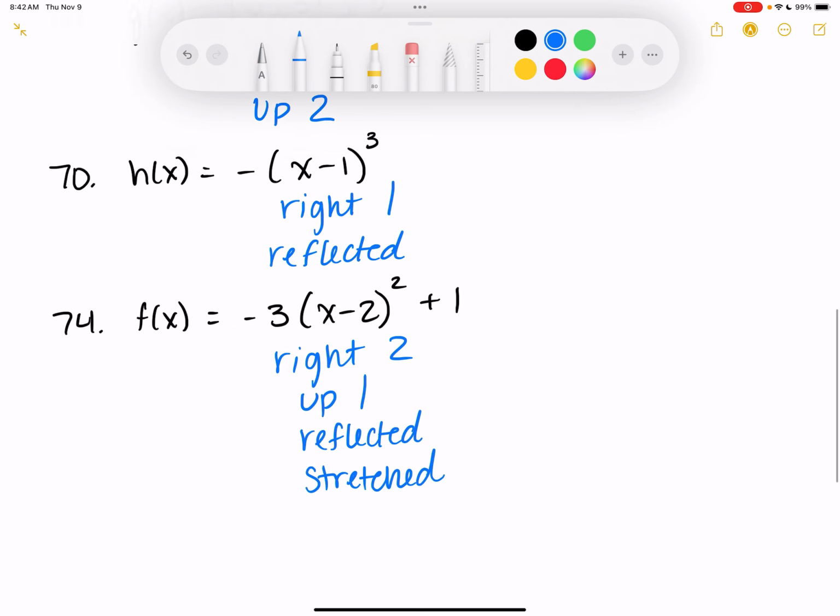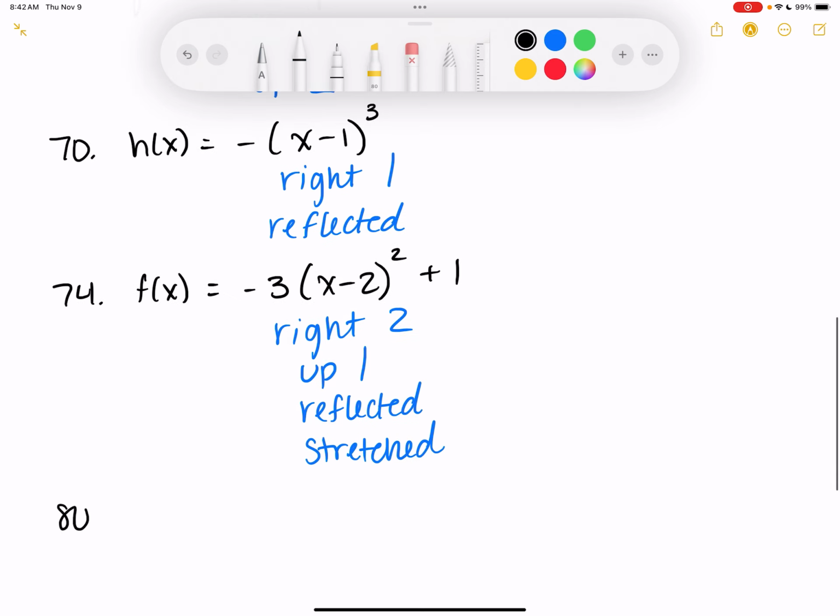80. f of x is equal to 3 times the square root of x minus 2. So that minus 2 is not under the radical, so what is that telling me to do? It'd be down. Yep.